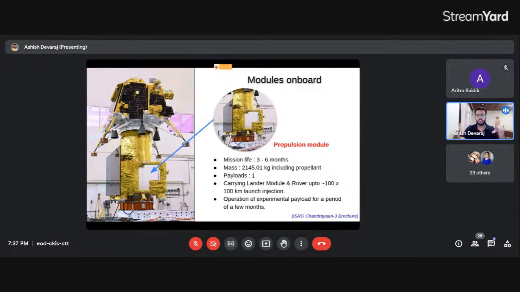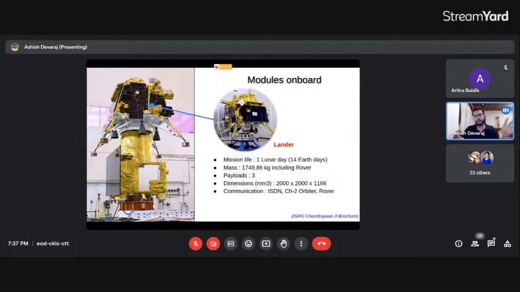So the propulsion module is this one. Now coming to the lander, the top portion of the left side figure is the lander. The lander had a mission life of 1 lunar day, around 14 Earth days, which we have already completed, and it had 3 payloads on it, and also the communication devices required to send the data collected on the surface of the moon to Earth.